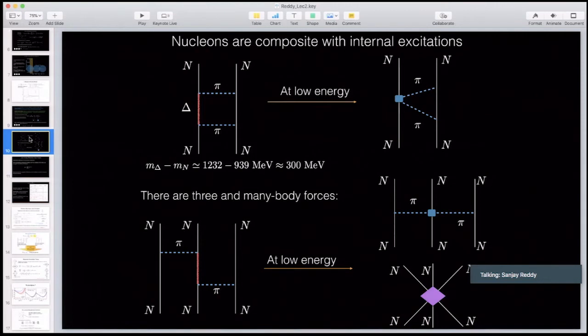However, when you have these intermediate states that are not accounted for by the theory, so remember, we are trying to write down a theory of interactions between nucleons. We don't want to explicitly include all of the heavier particles like the delta. In such a theory, of course, this is not a two-body interaction. This is really a fundamental three-body interaction.